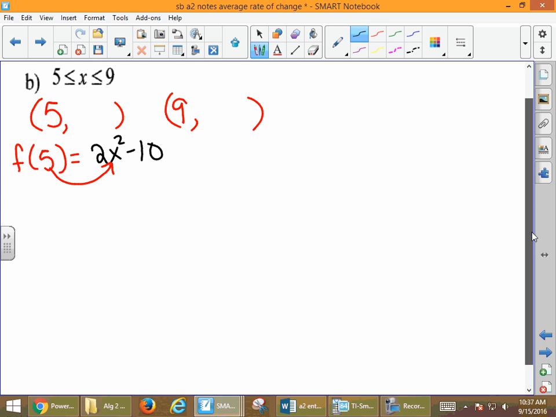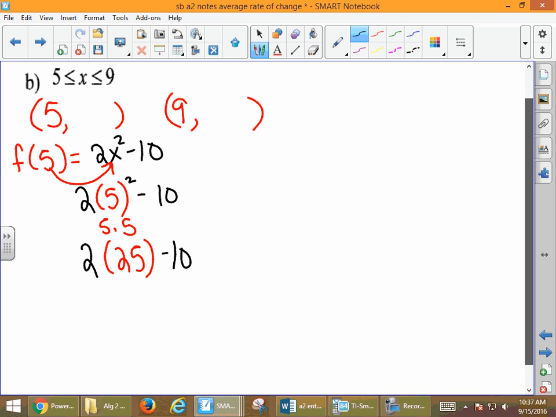So it's 2 times 5 squared minus 10. Remember that 5 squared means 5 times 5. So this is 2 times 25 minus 10. And 2 times 25 is 50 minus 10, which is 40.